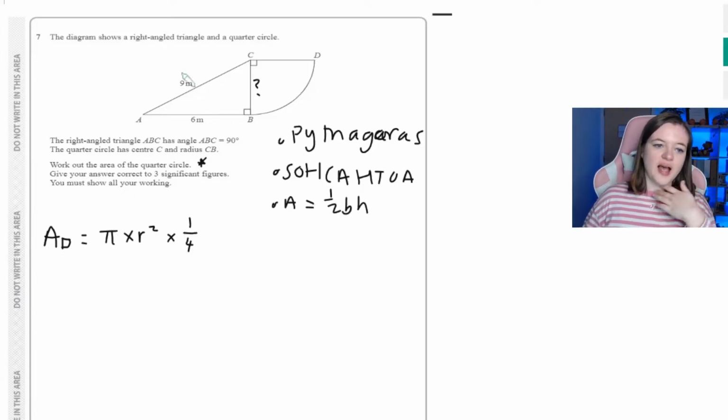So for this, we have two sides and want to find a third side, so that must be Pythagoras' theorem. I'm going to use that to find this length here.